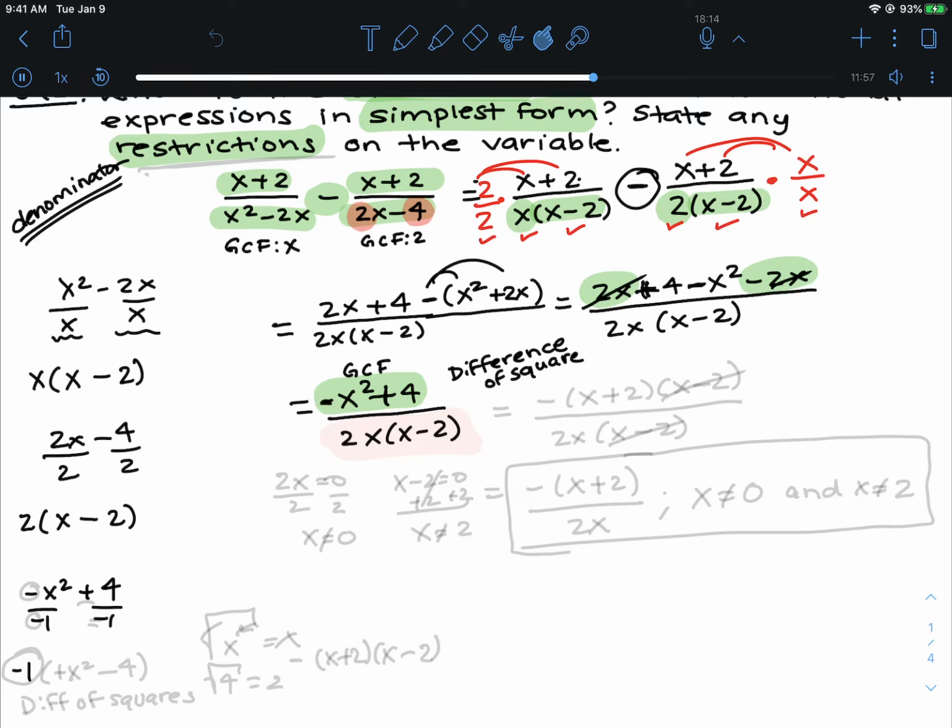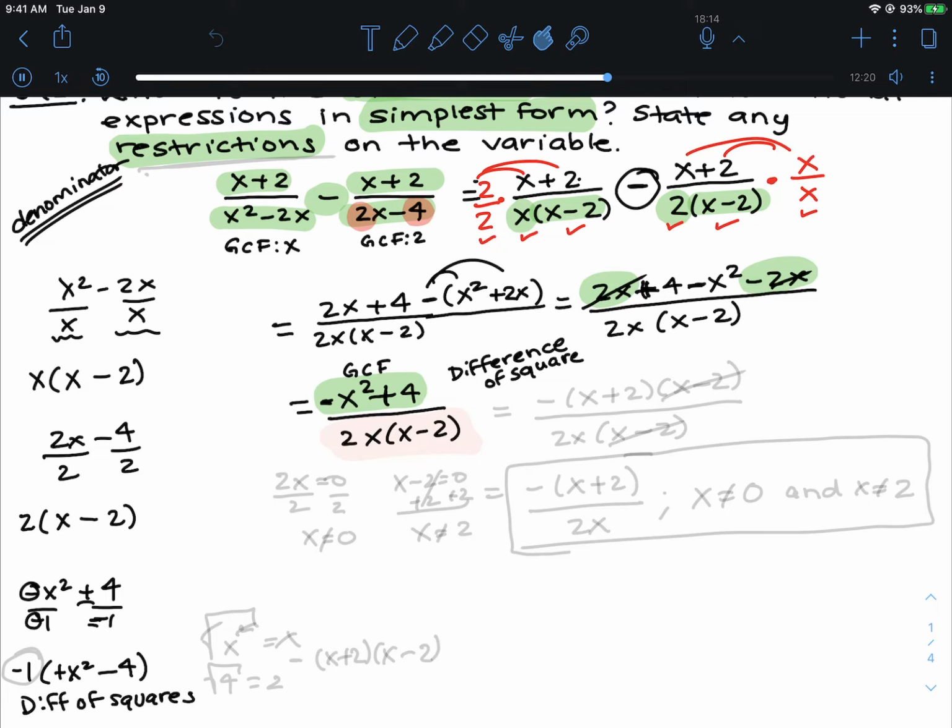Okay, so I'm going to factor out a negative. So that means that negative 1 goes on the outside, and then a negative divided by a negative is going to be a positive x squared, and then a positive divided by a negative is going to be a negative 4. And so if you notice that right there is now going to be a subtraction, meaning I can do difference of squares.